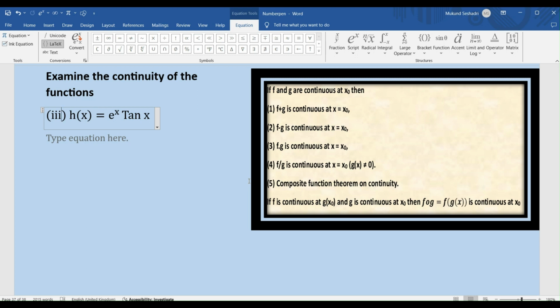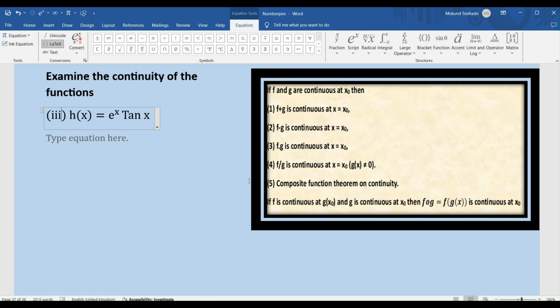So we have the problem on our screen. Examine the continuity of the function h of x equals e to the power x into tan x, right? So again, this looks like a product of two functions. And how do we go about solving this?